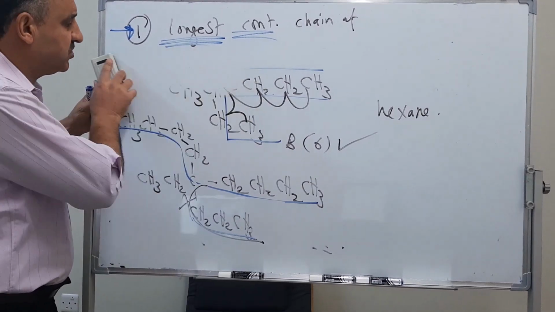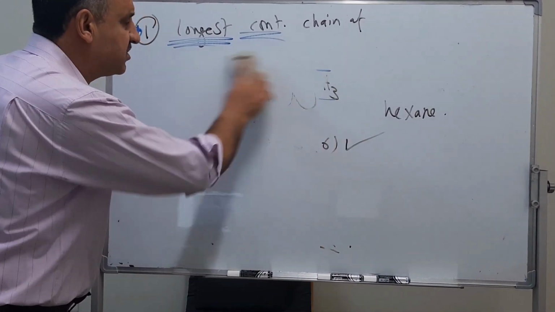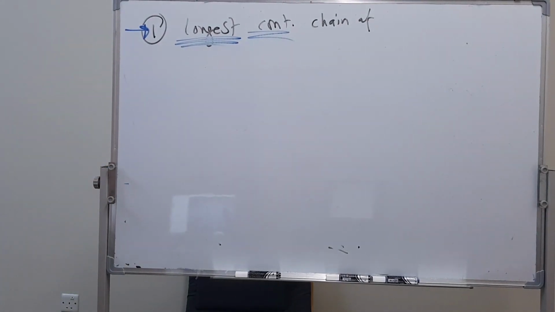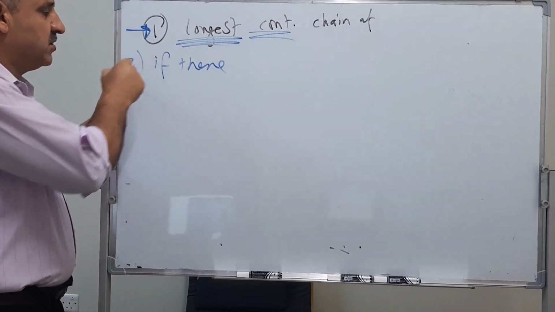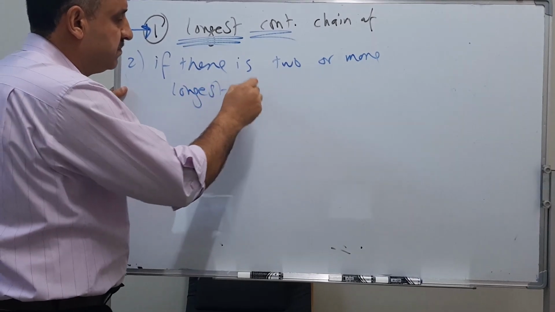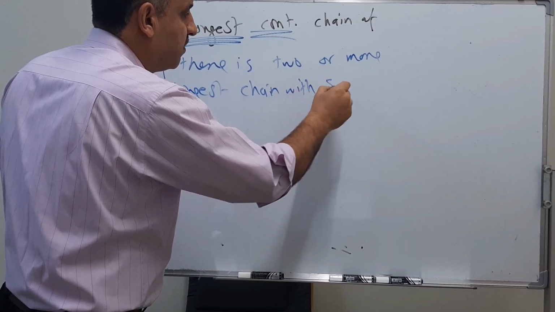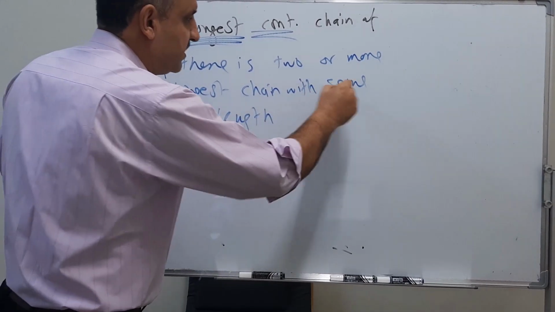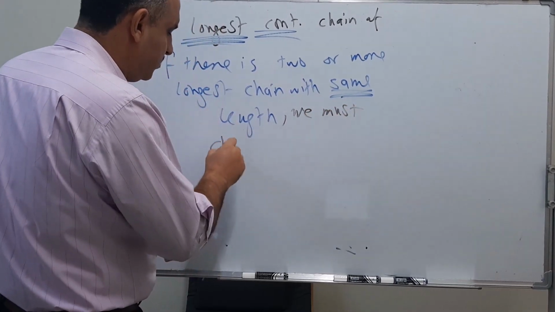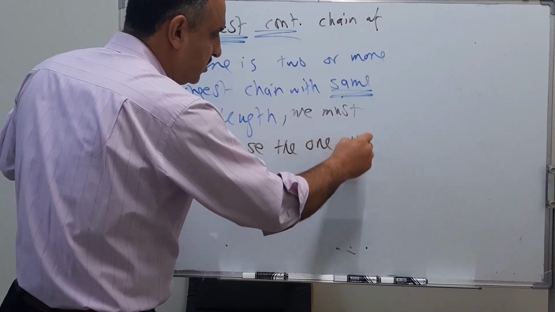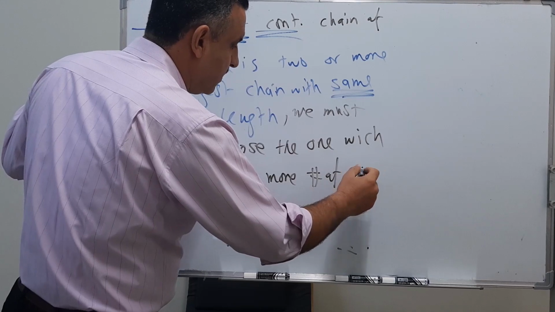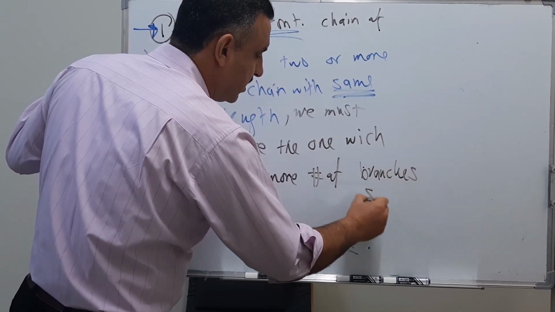All right, so I hope the first rule is clear. But just to add to the first rule, regarding the choice of the longest continuous chain of carbon atoms, let's say this is the second rule: if there are two or more longest chains with the same length, we must choose the one which has more number of branches, or sometimes we call it substituents.